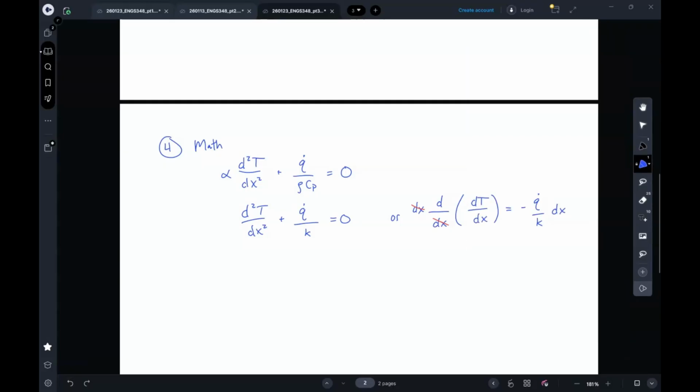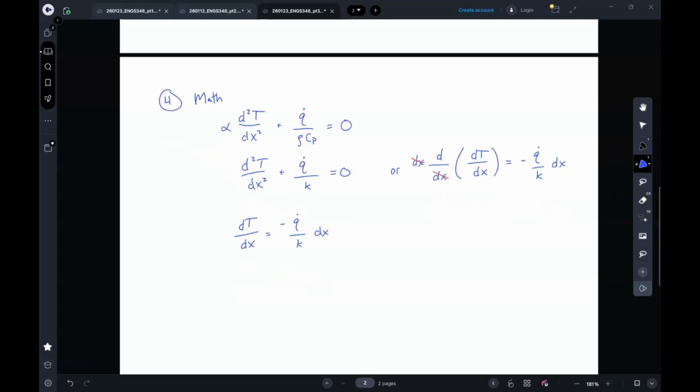So now what we can do is integrate. So we have now dT/dx equals minus q dot over k dx, and we're going to integrate that right-hand side.